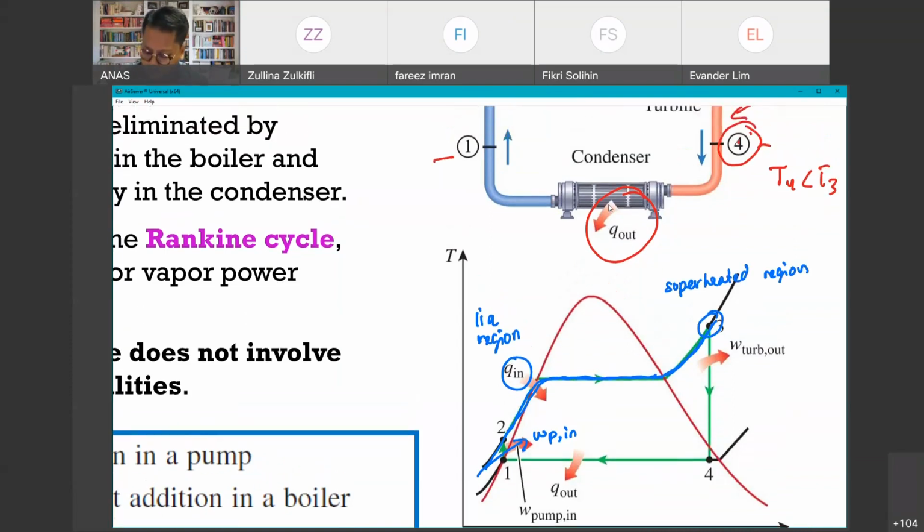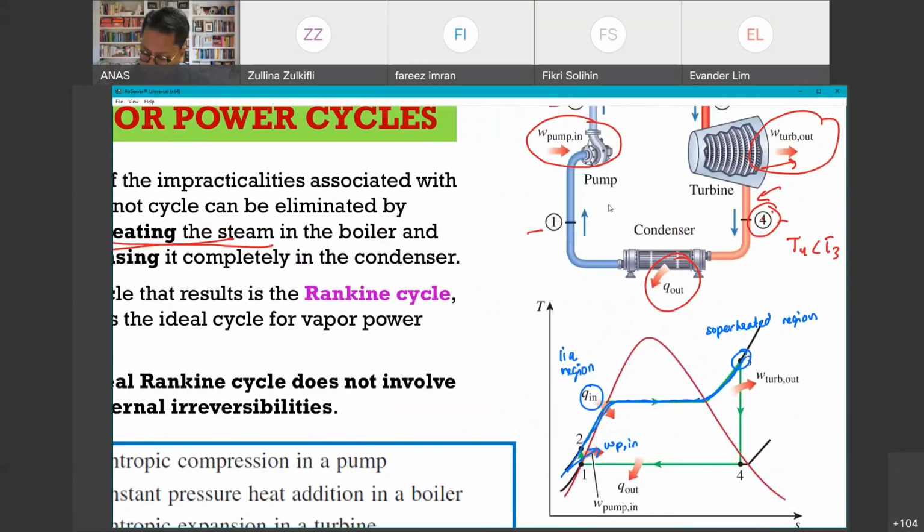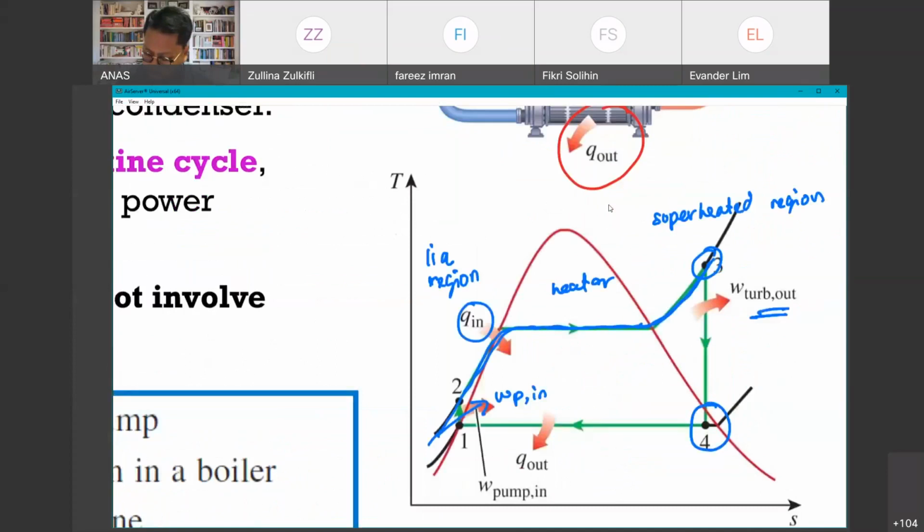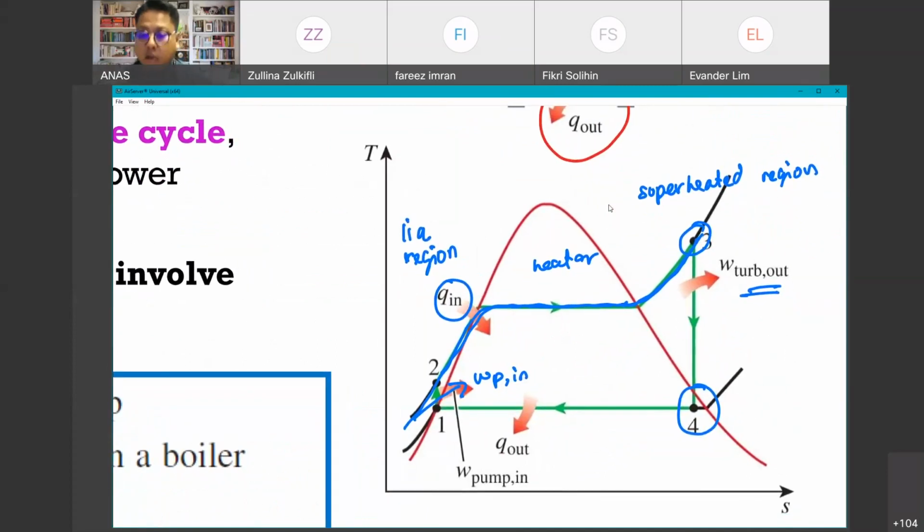Then after point 3, the steam enters the turbine, work is being done, so we have W turbine out. Because work is being done, the substance loses energy, so there is a drop in temperature up until stage 4. At stage 4, the exit of the turbine, the most desirable location is to be very close to the vapor line. Remember, this is the vapor line.